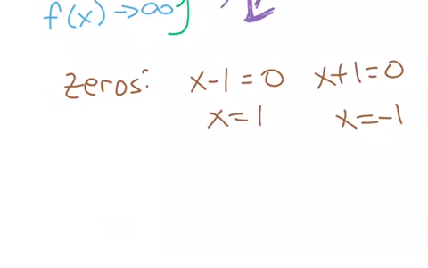Depending upon the parentheses and the exponent, this denotes what's called multiplicity.